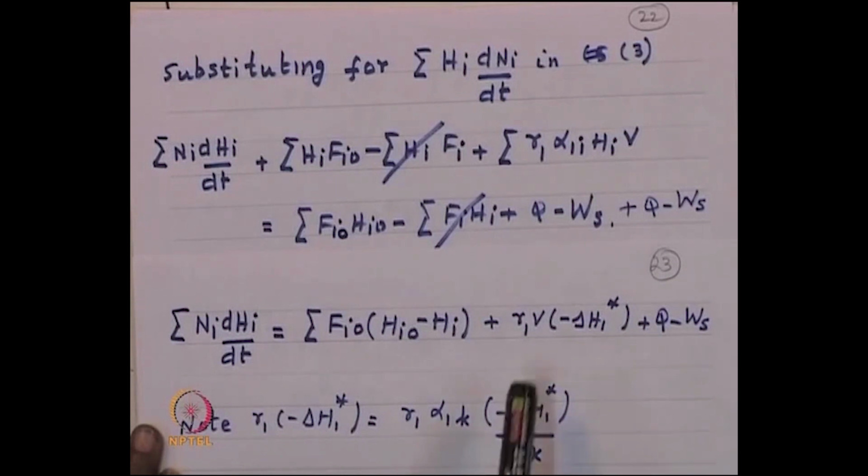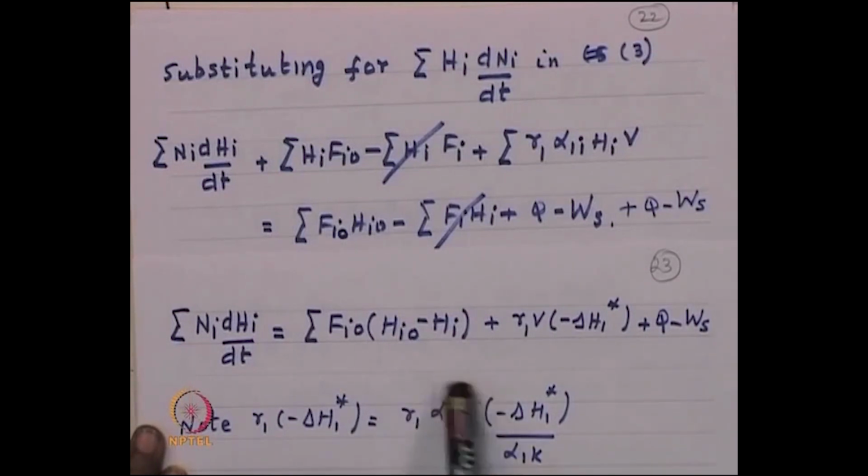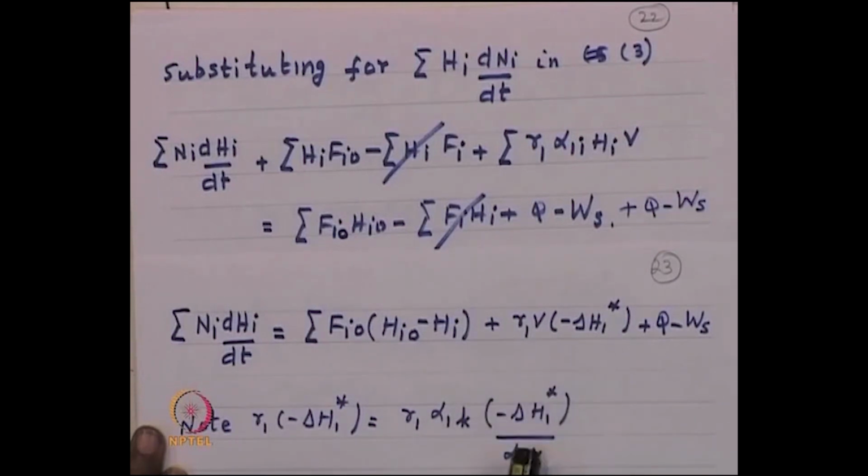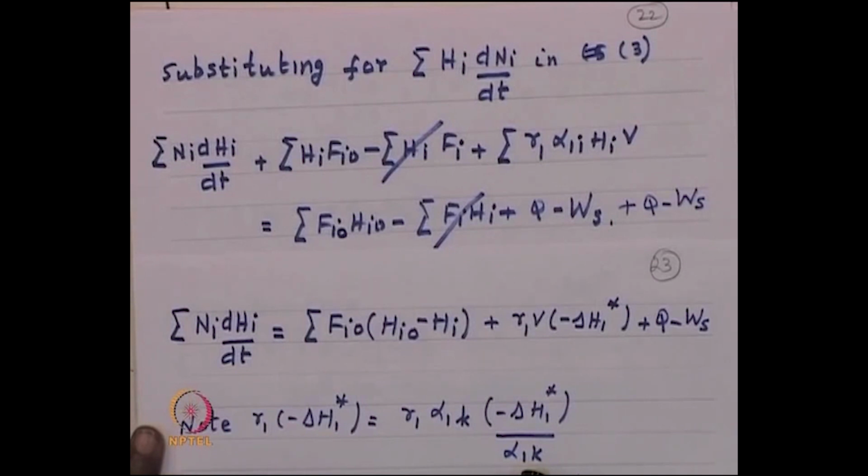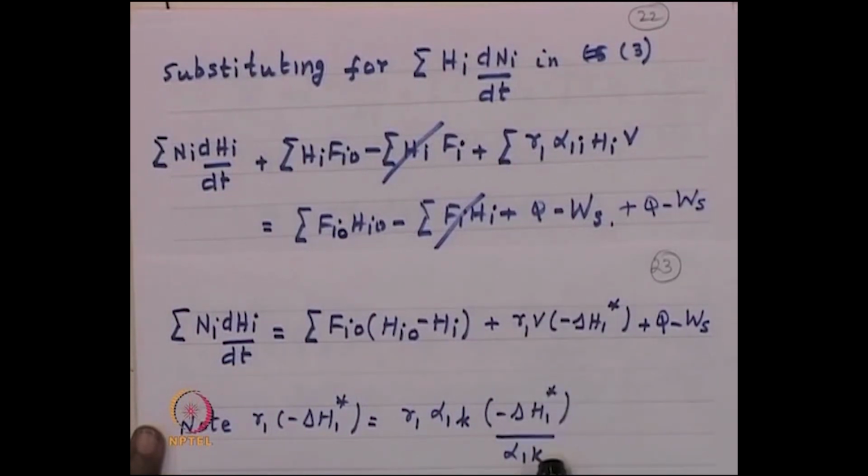So, what is important is to recognize this term and put it in forms that you and I can understand. R1 times alpha 1k refers to the rate of formation of component k. This is often readily available, because we measure this term in our experiments. Then in that case you should multiply it by the heat of formation, the enthalpy change for the reaction expressed with respect to that component. That is important, then only it will be consistent.